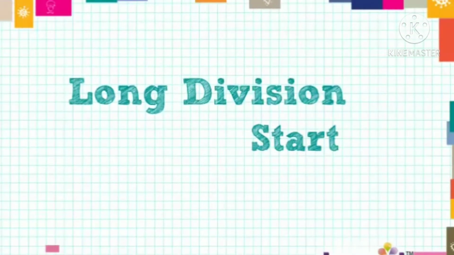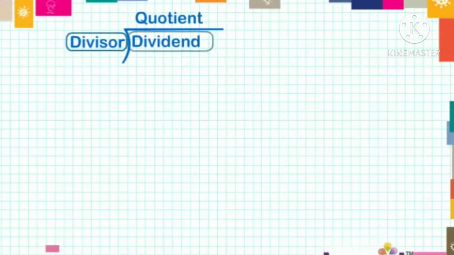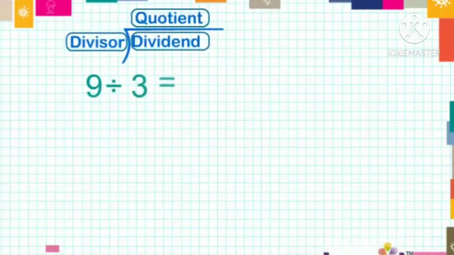Learn what is long division. Division can also be shown as divisor, dividend, quotient. 9 divided by 3 is equal to 3.